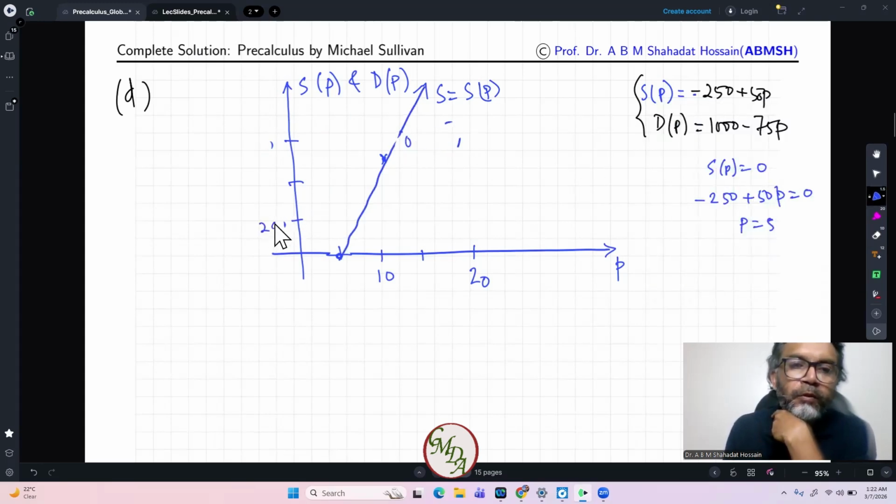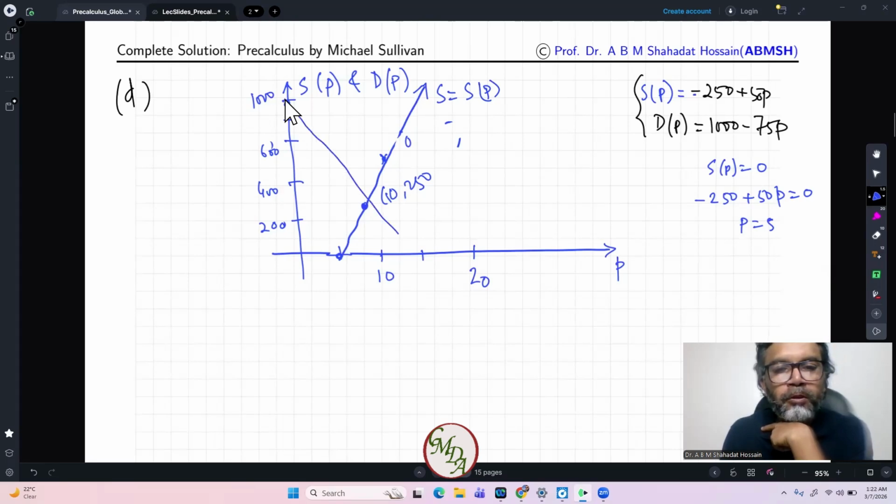This is 200, 400, 600, 800, and then let's say this is 1000. So approximate is fine. So 10 and let's say 250, 10 to 50, the equilibrium point. And here is the y-intercept, 1000. So we can add these two and leave it like this. And D of p.